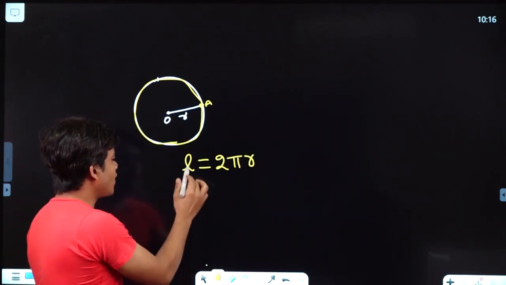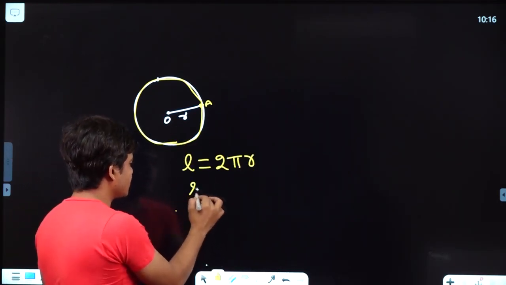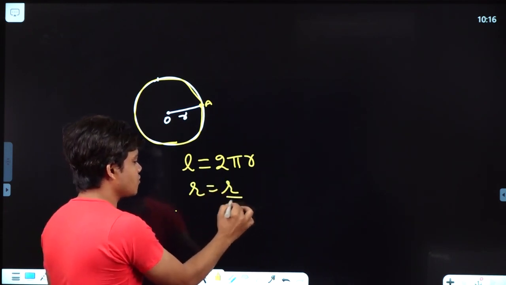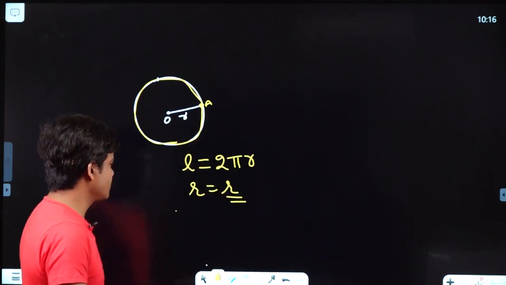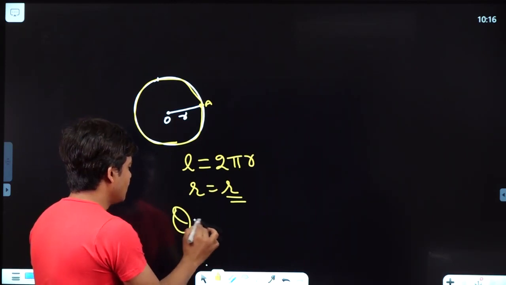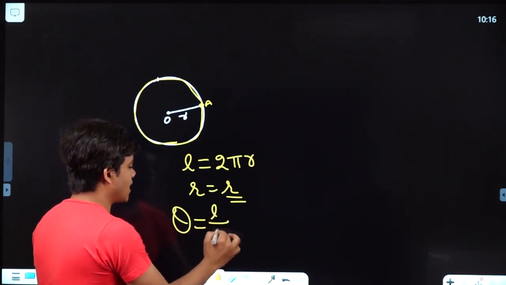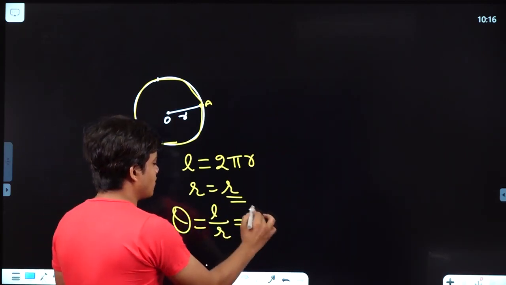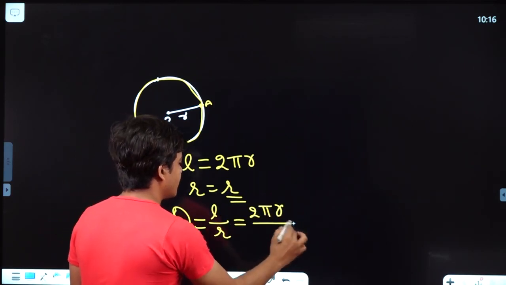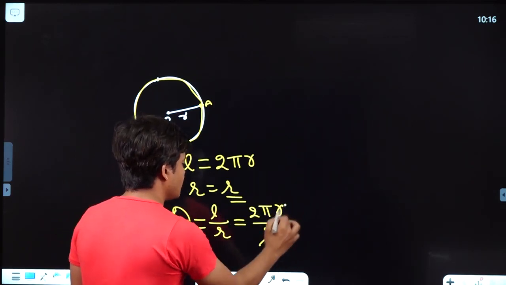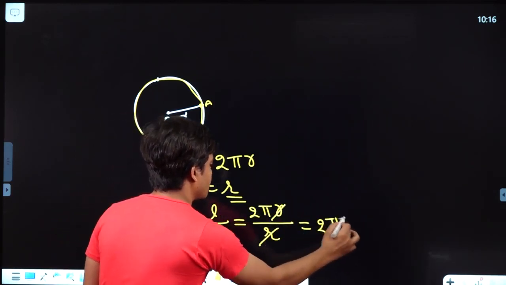Okay, and what is our r? Certainly it is r is equal to r, because this is the radius. Then what will be our theta? So theta will be what? L upon r. So it will become what? 2 pi r by r. So we are getting what? 2 pi over here.